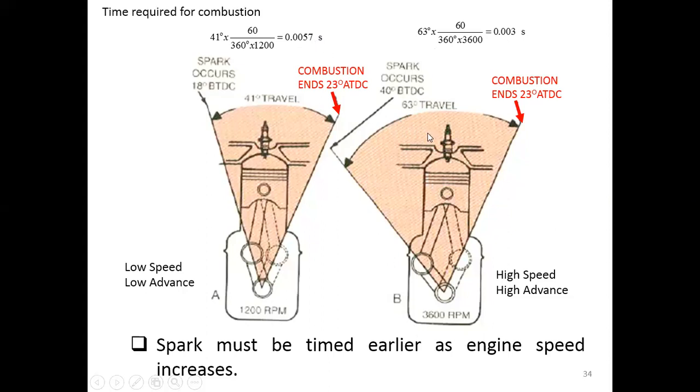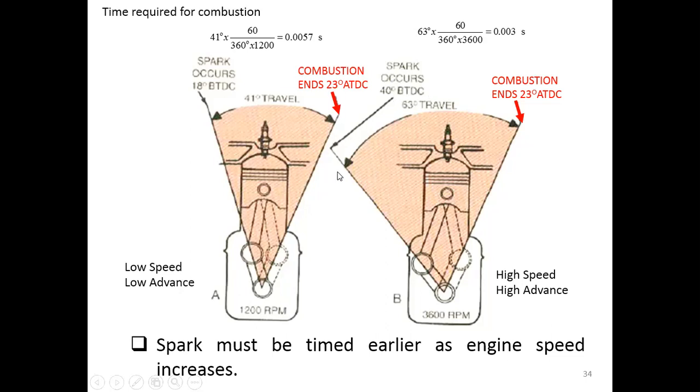Right? So the combustion has less time to finish. And since it has less time to finish, you have to ignite before. Right? So in this one here, you can see that we have to do the spark at 40 degrees before the top dead center.